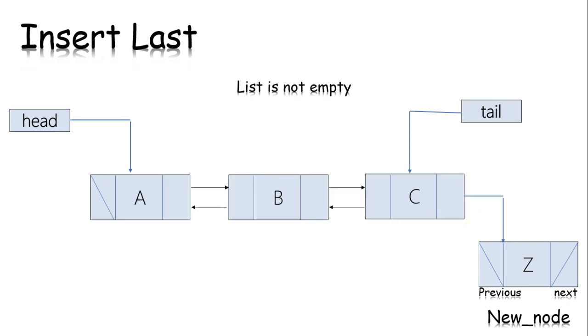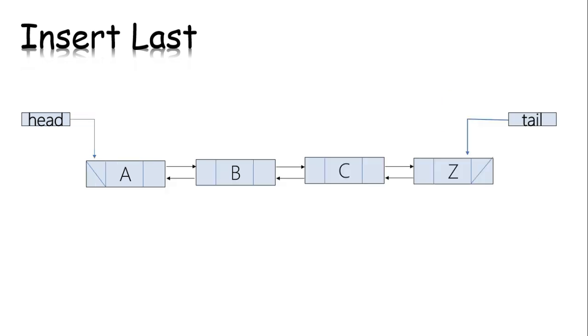And then we also need to adjust the previous pointer belonging to the new node to point to the node pointed to by the tail, like this. And then we need to adjust the tail pointer to point to the new node, like this. So our doubly linked list now will look like this.